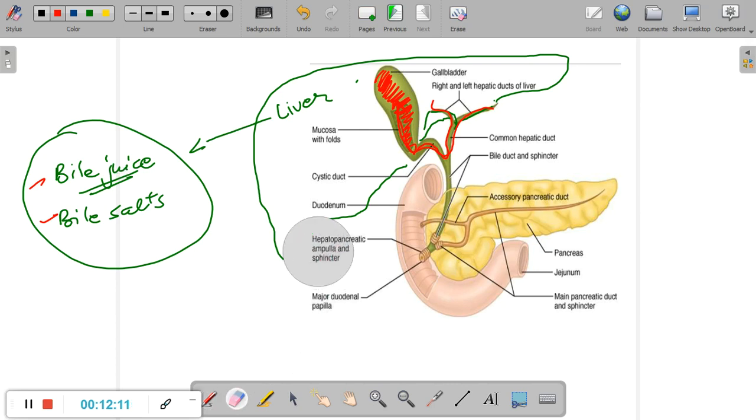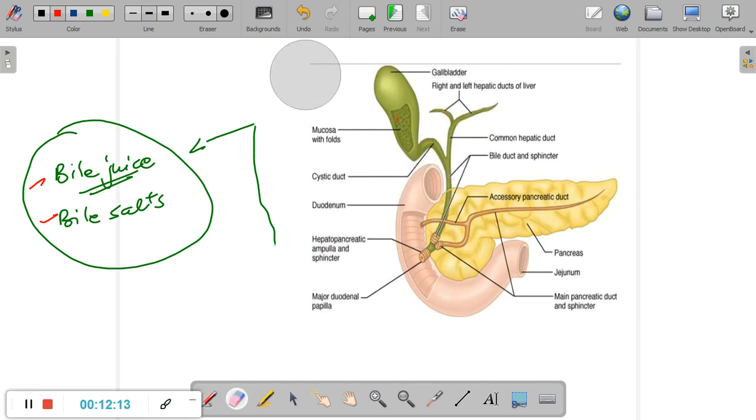Now let me just rub it a bit. I hope now you remember what is present inside the gallbladder. Once the brain signals the gallbladder and the pancreas to release their digestive juices, the gallbladder releases, let's use a red marker again, the bile juices and bile salts into this tube.